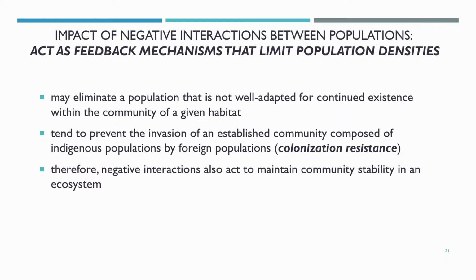They tend to prevent invasion of an established community. There's a term called colonization resistance, which just means that there are already microbes there that are protecting that barrier, and it's resisting colonization by other foreign populations.